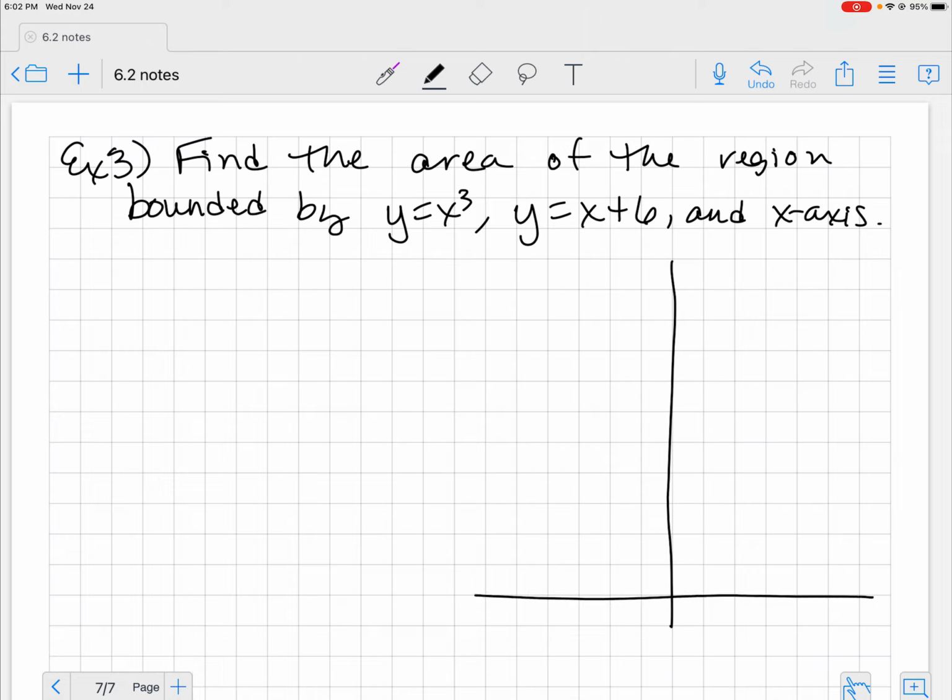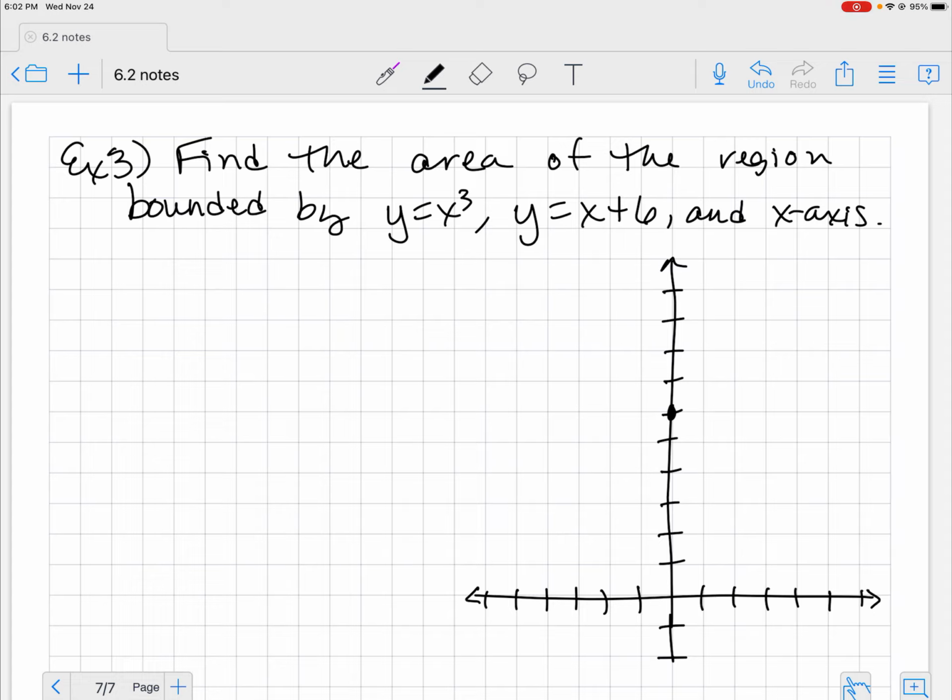So I have y is equal to x plus 6. I'm starting up here at positive 6, 1, 2, 3, 4, 5, 6. Right?